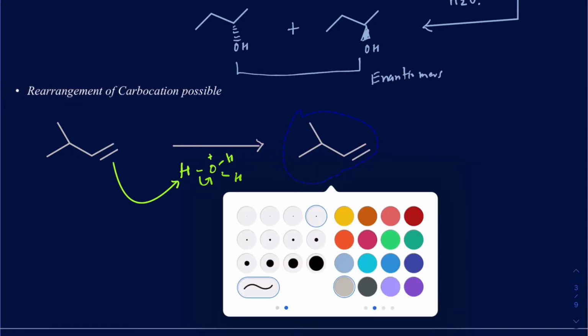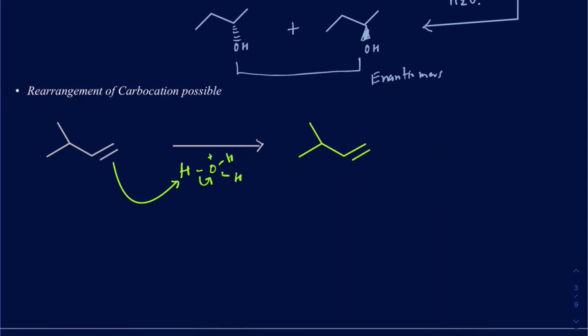I'm just going to be copying this just for the sake of time. Where your carbocation is going to be, remember, is right here, because your hydrogen is going to go onto the first carbon and your second carbon becomes electron deficient, making a secondary carbocation. Now, anytime you're making a carbocation, be on the lookout for making it a more stable carbocation.